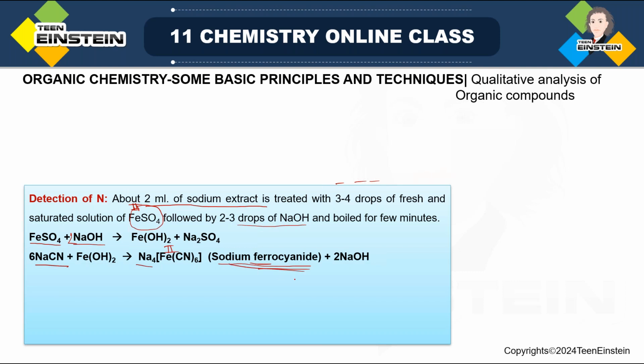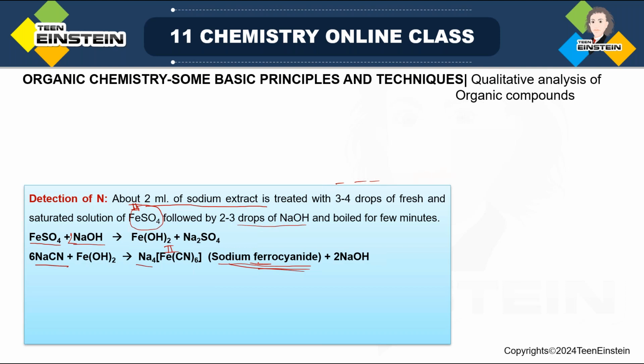And why these names are important to know: sometimes you get a question where in the options A, B, C, D, some IUPAC names are given, not the formula. And if it is asking what is the compound formed during this reaction, then you have to understand that it is talking about Na4[Fe(CN)6]. So the corresponding IUPAC name, if you have proper knowledge, that is also good.